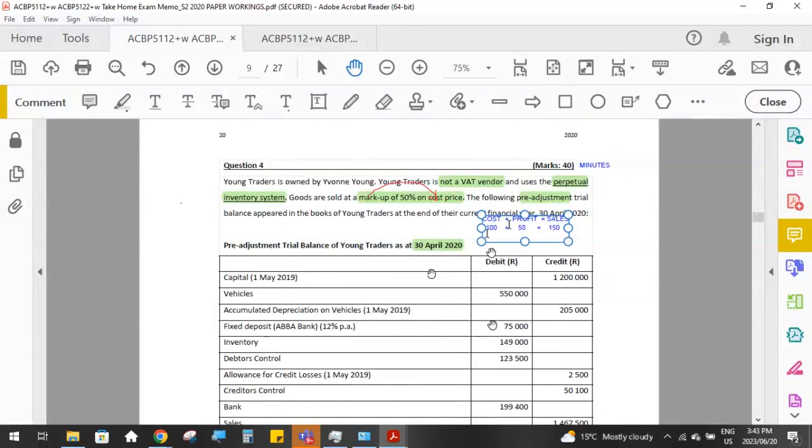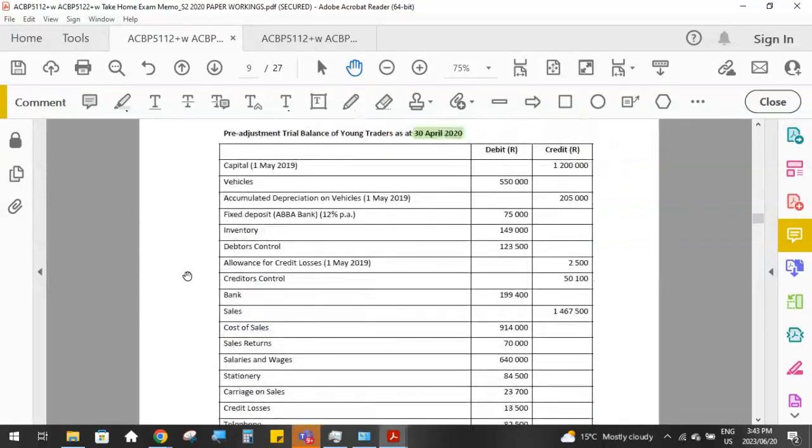Sorry, did I say including first? It would be excluding VAT is always 100, VAT will always be 15, and including VAT will always be 115. And then that also gives you your base calculator that you will then come back to use to calculate whichever missing amount your question requires you to do.